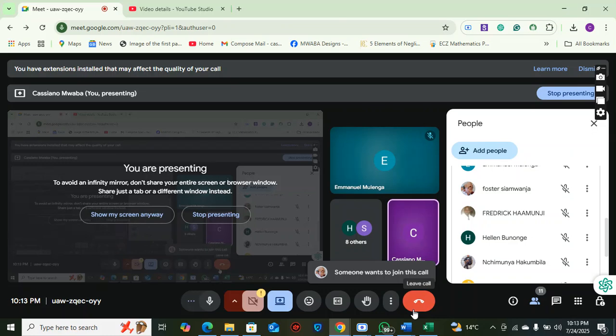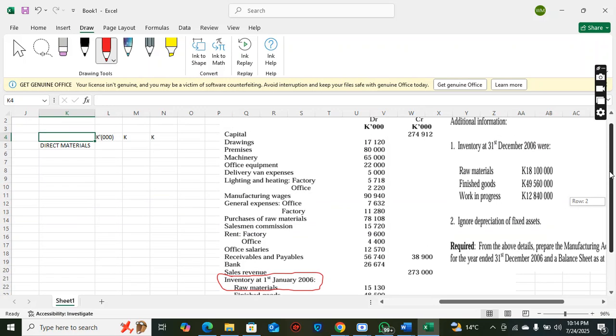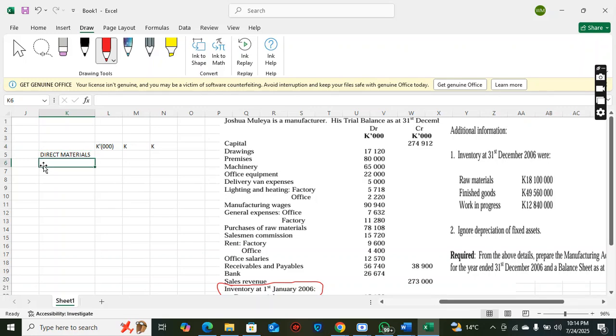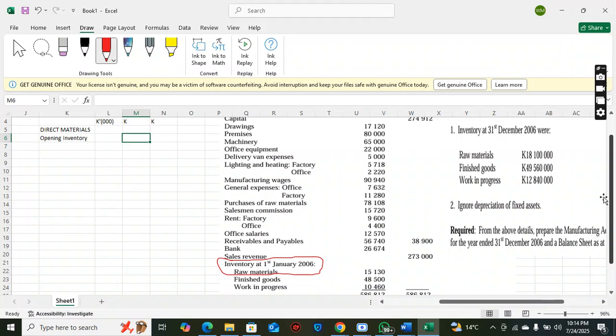Yes. All right. So yes, opening inventory of the raw materials. Colleagues, these are the raw materials that you've started with at the beginning of the year. It's the opening inventory, raw materials. We said it was how much? 15,130.